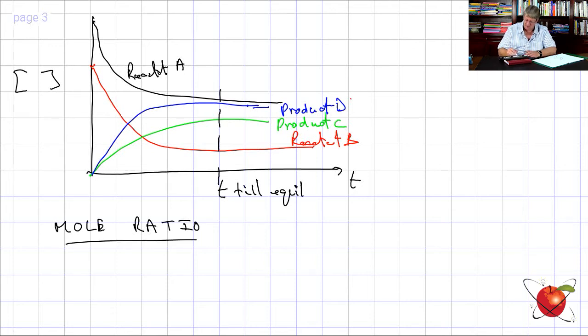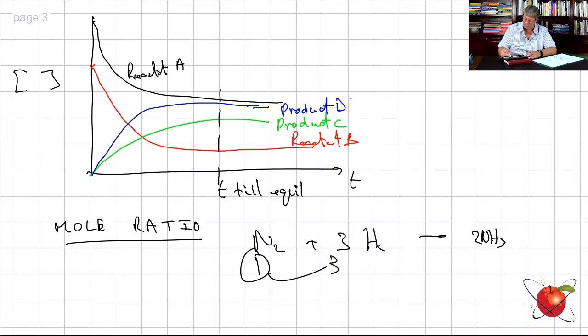Let us just take a simple one. Let's go back to our N2 and H2. N2 plus 3H2 goes to 2NH3. Remember that? Look, every 1 mole of this reacts with 3 moles of that. So if nitrogen was the top one, the bottom one, reactant B, is going to be the hydrogen, because the hydrogen is reacting, more of it's being used up.